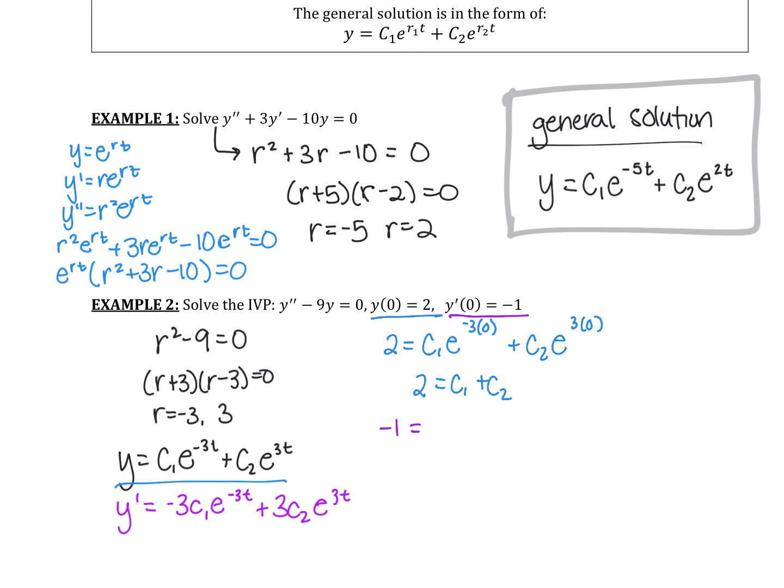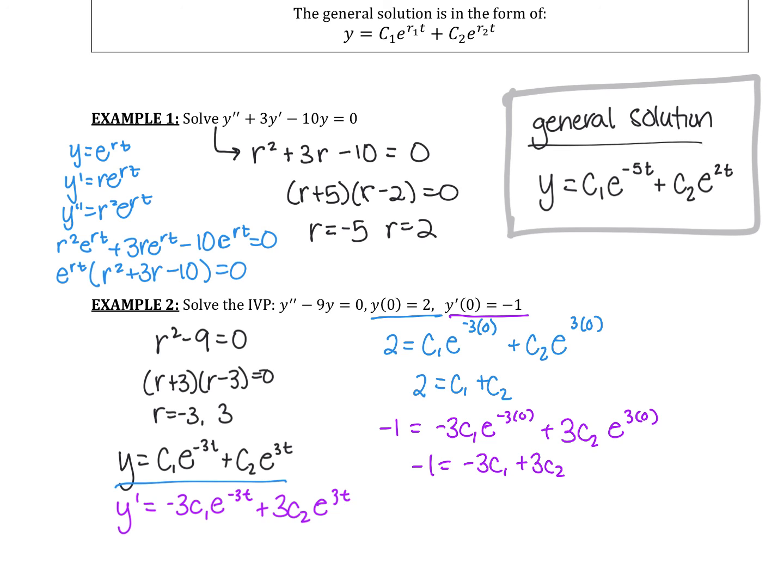So we get negative 1 equals negative 3 C1 e to the negative 3 times 0 plus 3 C2 e to the 3 times 0. So I get negative 1 equals negative 3 C1 plus 3 C2. Now, look what I get to do again.